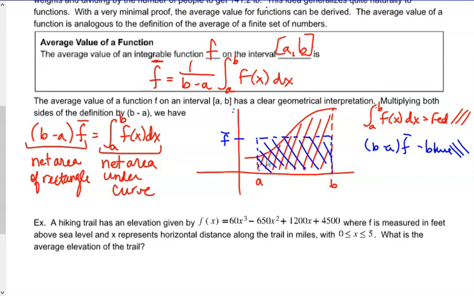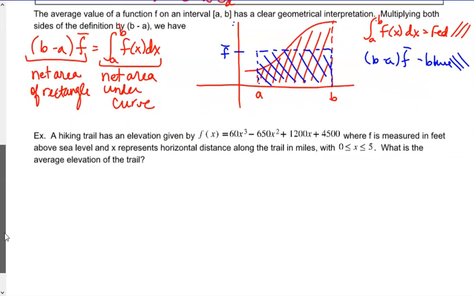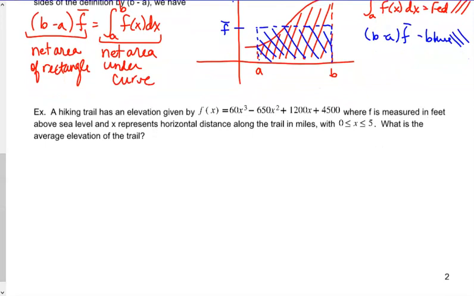If I were to draw a smaller rectangle, the area of that rectangle is not going to be equivalent to everything in the red. So we have to find that happy medium where they are exactly equal, and that's what we refer to as the average value, which is important for what we are going to learn soon with the mean value theorem.